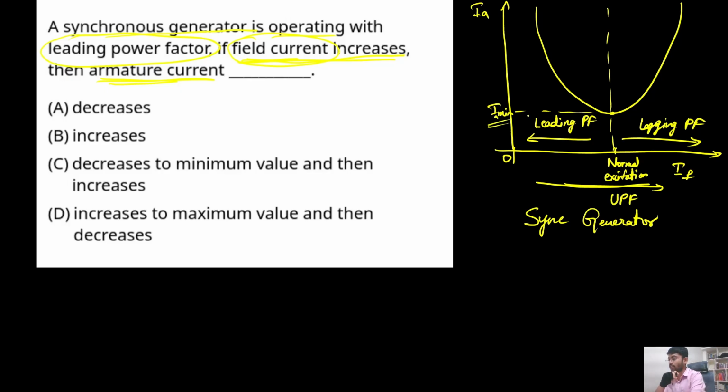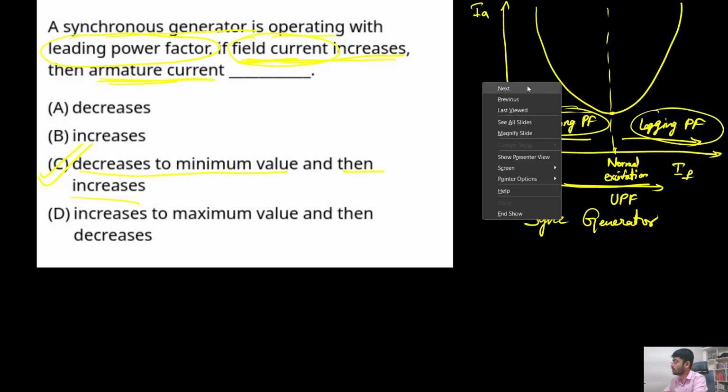So which option is correct? Option C is correct, decreases to a minimum value and then increases. So option C is the correct answer. If you take for the motor, then these leading and lagging will be interchanged. That's the only difference between the motor and generator.